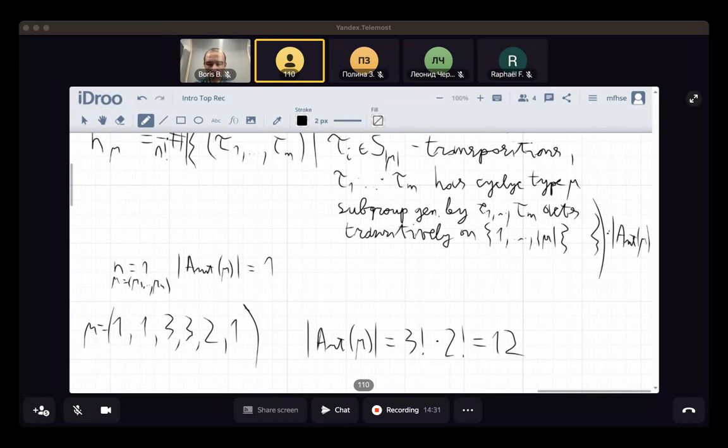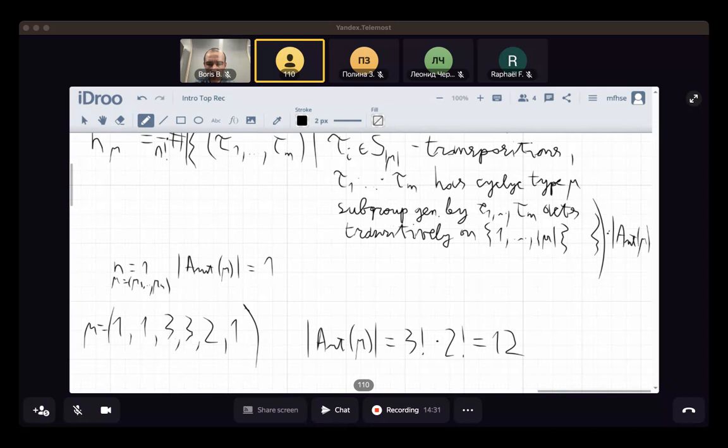So you can say that in this case, let's count not just the ordered collections of transpositions, but these collections with additional structure.